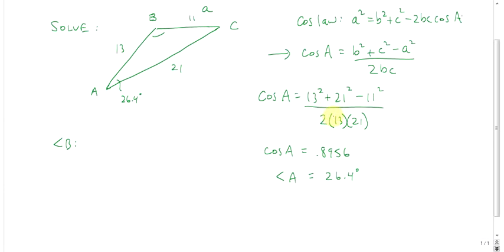Okay, I'm going to use cosine law. Do you have to use cosine law to get B? You can use sine law too. Let's do it both ways. Okay, first let's use cosine law. So, let me do this in red.